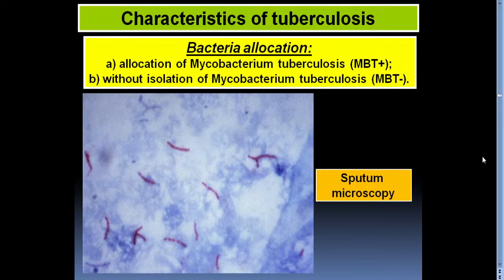This patient is not dangerous for healthy people. And on this photo, you can see a method of revealing Mycobacteria: sputum microscopy with Ziehl-Neelsen staining. Mycobacteria are red on a blue background. These are rods or bacilli.